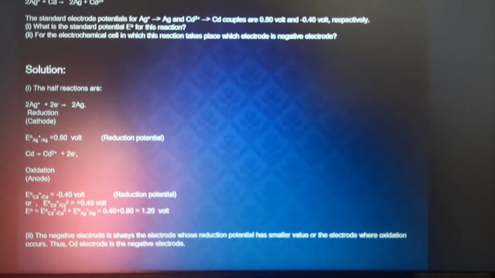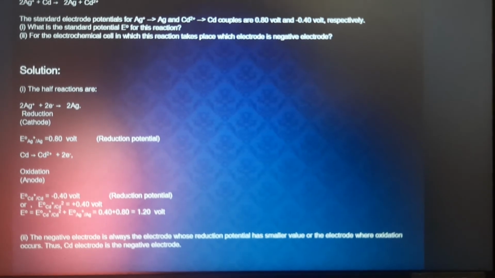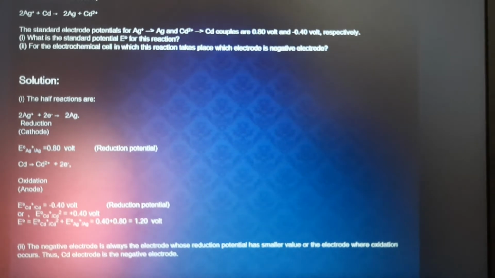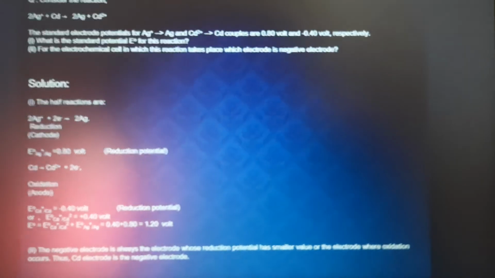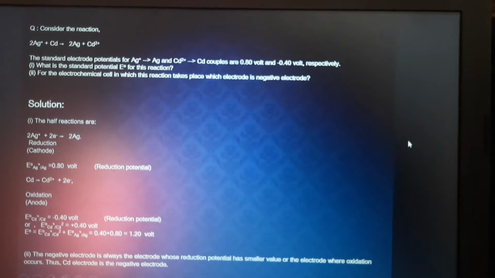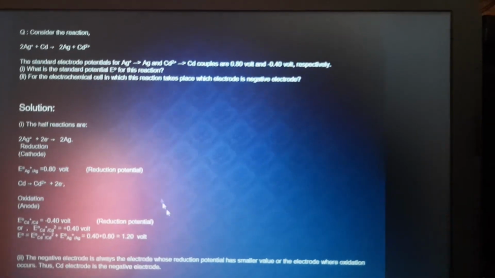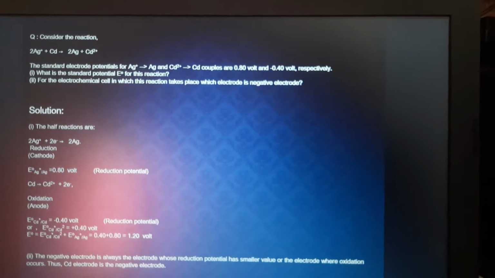So cadmium is the negative electrode because the reduction potential of cadmium is negative here. So that's why cadmium is used as anode and oxidation will occur at the cadmium electrode. So cadmium is used as anode. This is the answer.